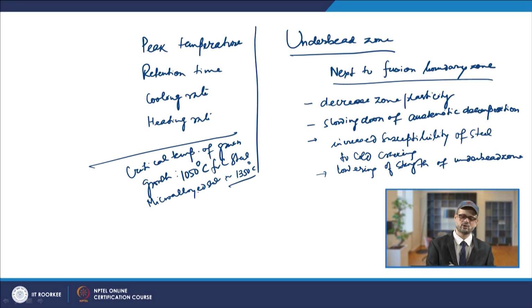These microalloyed steels are basically microalloyed with certain elements which are strong carbide formers, or which are used to refine the grain structure. So in those cases the critical temperature of grain growth is very high, and the grain growth will certainly be at a somewhat lesser level.